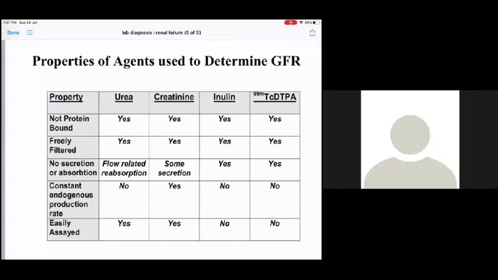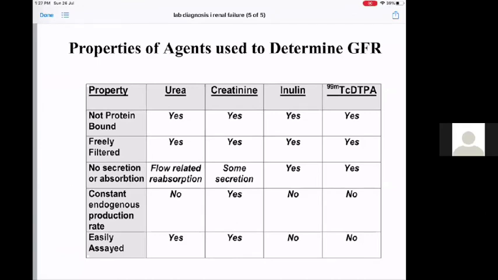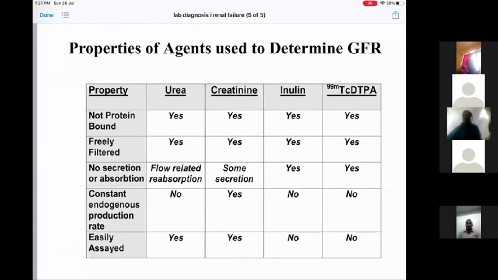And constant endogenous production rate. Yes, creatinine is also endogenously produced. And easily assayed: urea and creatinine are easily assayed. But inulin and DTPA, the ideal substances for determining GFR, are not easily assayed. The assay method of inulin and DTPA is very tough and not cost effective.